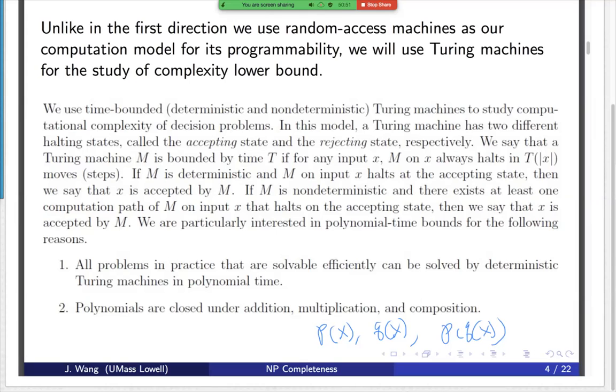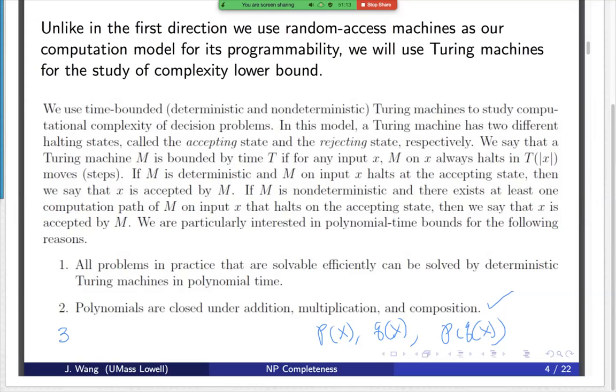Because then you can combine several polynomial time algorithms together and still end up with a polynomial time algorithm. You don't get an exponential time. So this is good.